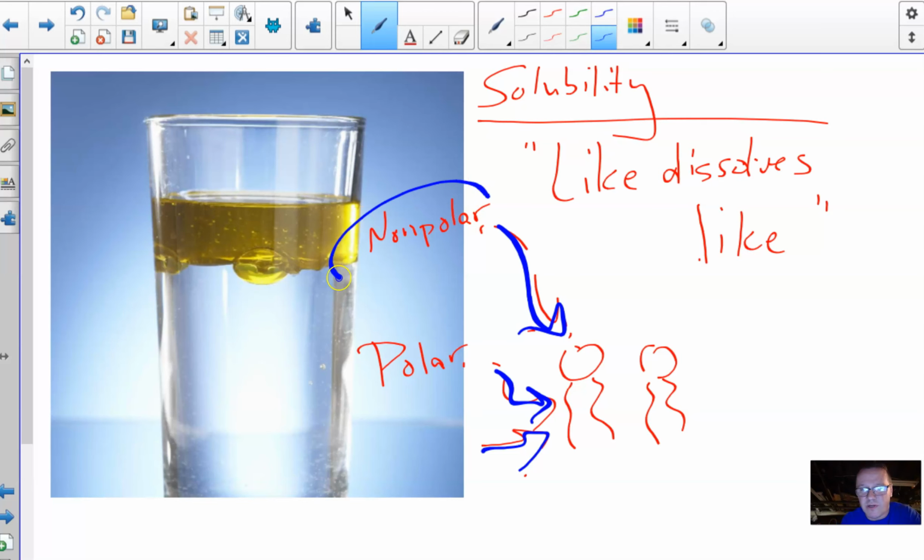If we're needing to break down something that's non-polar, we can't use a polar molecule to do that. We've got to have like dissolves like going on. We've got to have something that's non-polar dissolving something else that's non-polar, or vice versa. You've got to have something polar that's breaking down something polar.